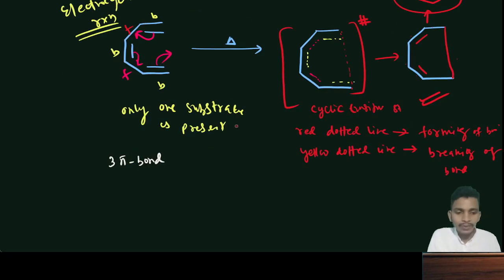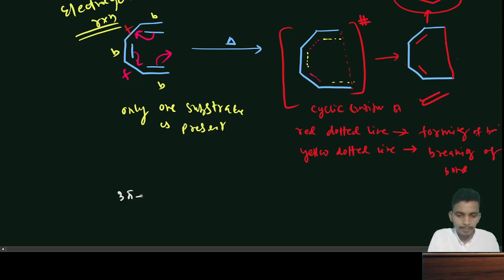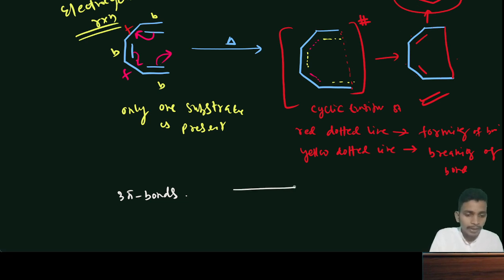And what you have noticed here is that we have 3 pi bonds. Finally what we get is 2 pi bonds and 1 sigma bond, because a new bond has formed, and that is 1 sigma bond.